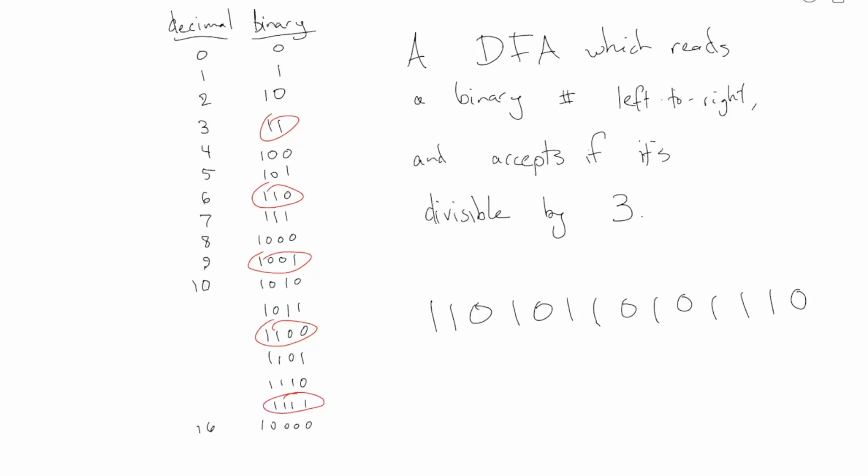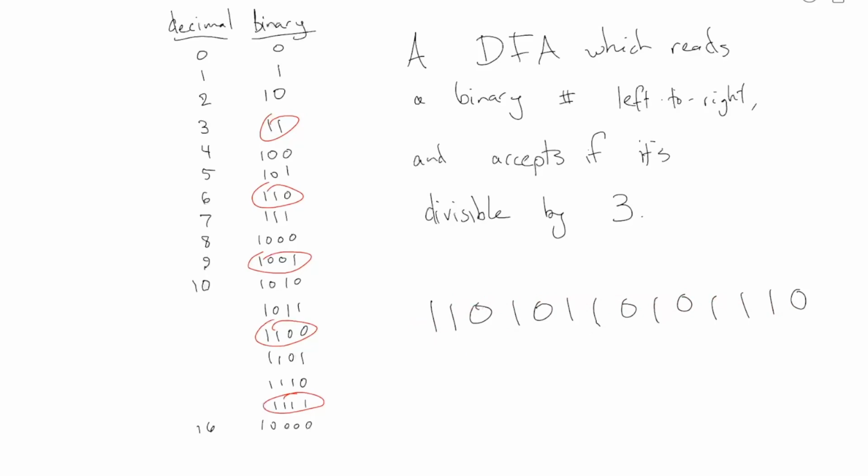Or maybe it's not so hard to tell if a base 10 number is divisible by 3, but a binary number like this, at least off the top of my head, I don't know if this is divisible by 3 or not. And if I really had to know, I suppose I would just convert this to base 10 somehow by multiplying out powers of 2. If I were doing this by hand, it would take me a couple minutes probably to figure out if this number is divisible by 3 or not.